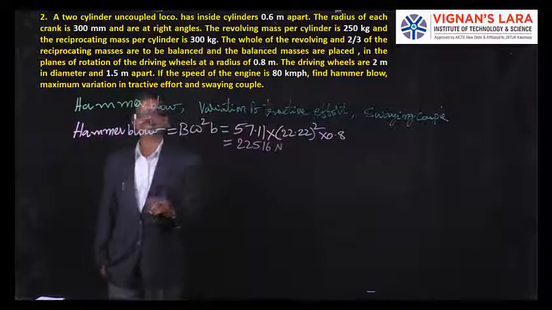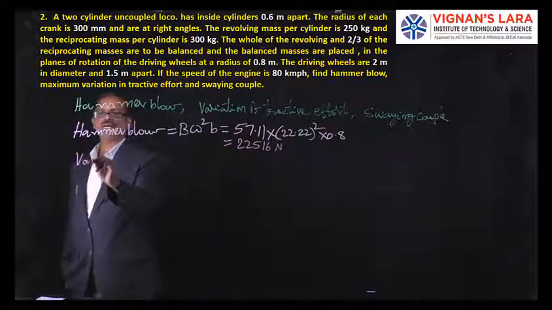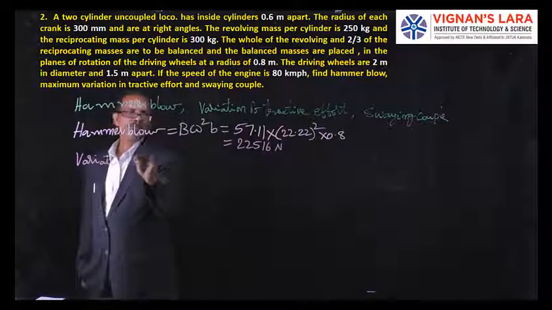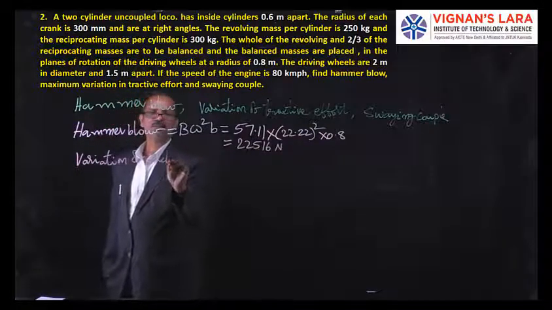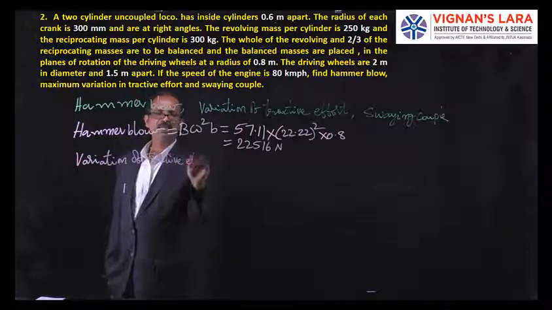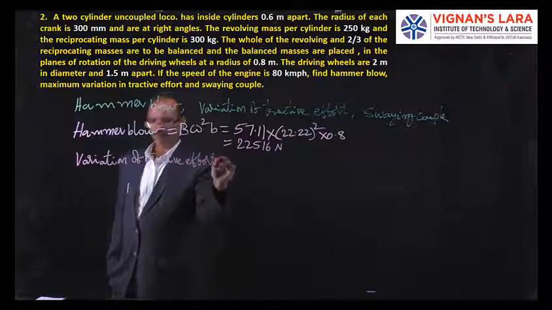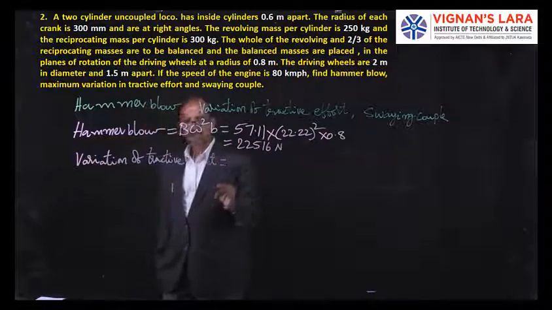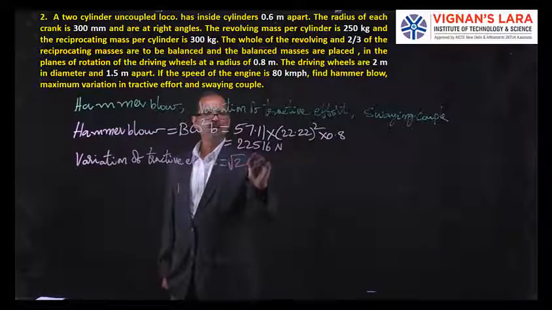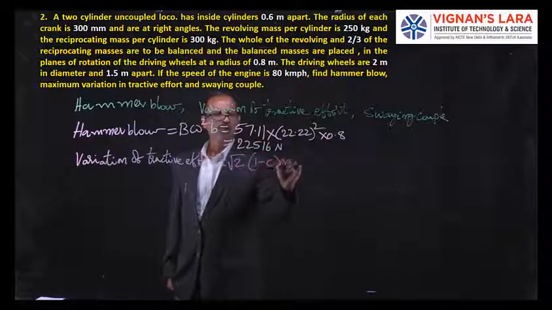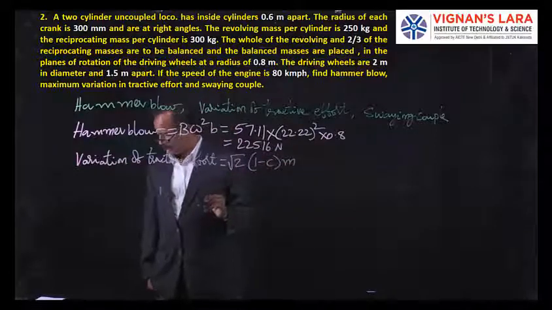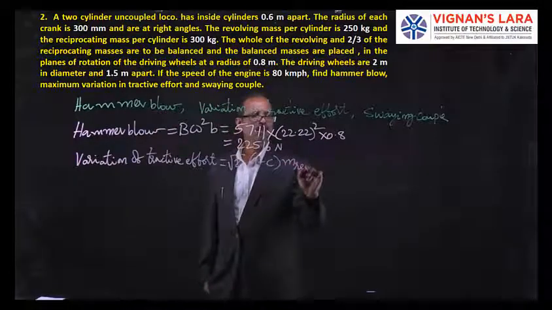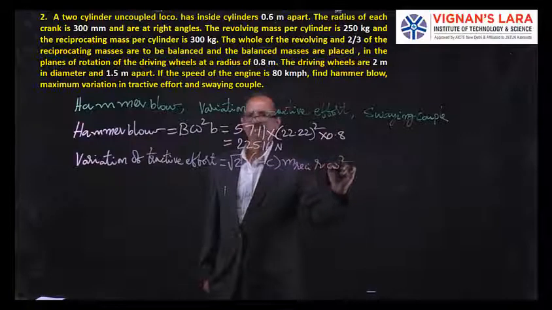Then the second one is variation of tractive force or tractive effort. It is given by the equation root 2 into 1 minus C into M reciprocating into r omega square.